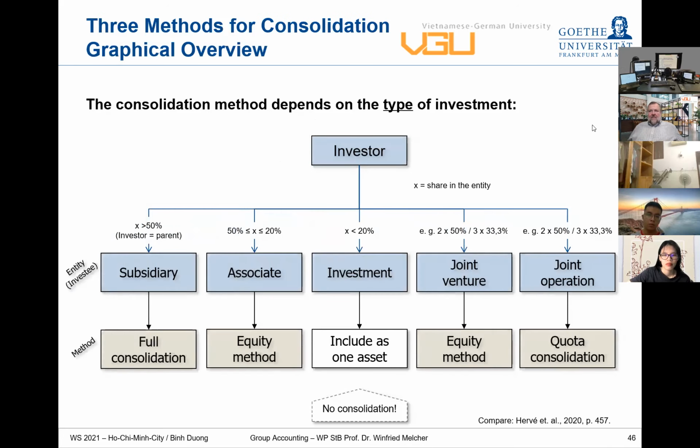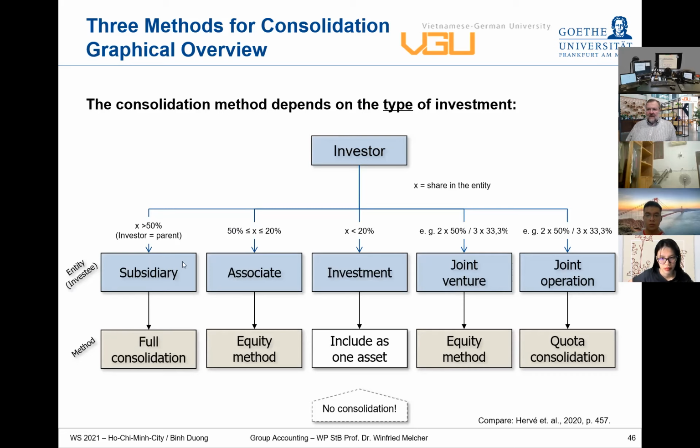So what does that mean for our consolidation in IFRS? Well, the consolidation method depends on the type of investment. So once you have correctly categorized your investment, your investee, then you know which consolidation method you should use for consolidation.